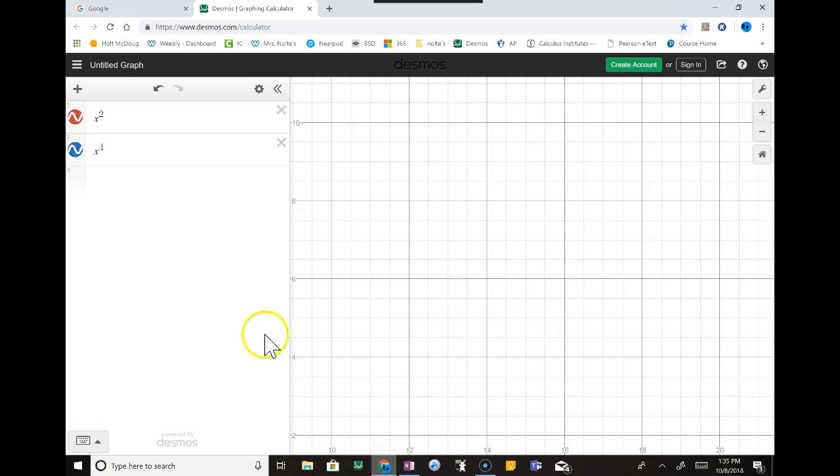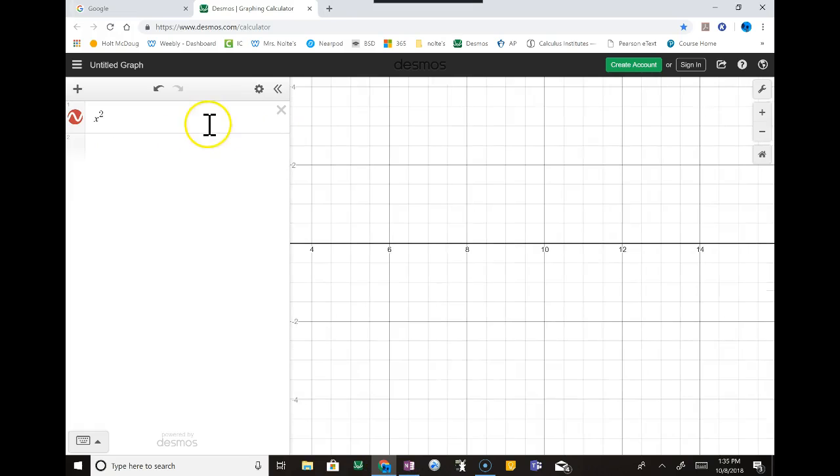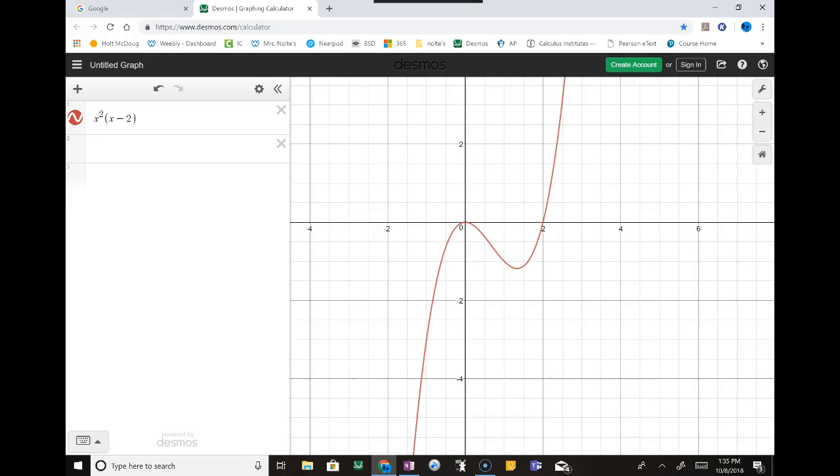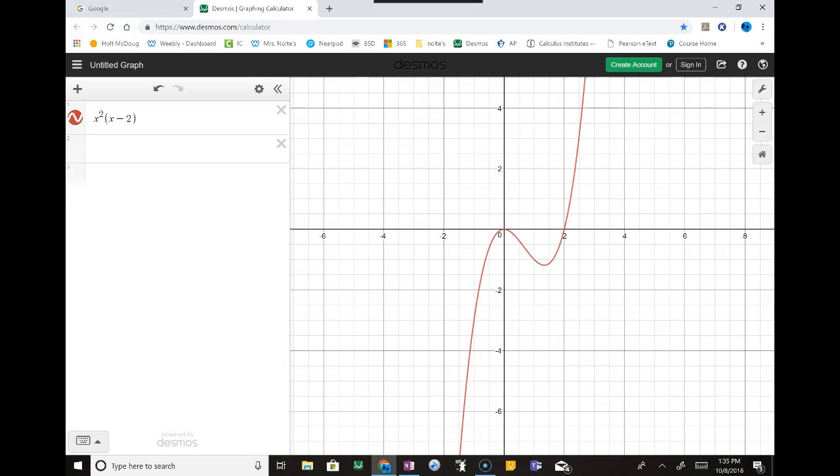Okay, let me draw it in Desmos and see if we can follow this. So we had x squared and x minus 2, right? Okay, there it is. So do you see how it looks like a John Travolta with the end behavior?